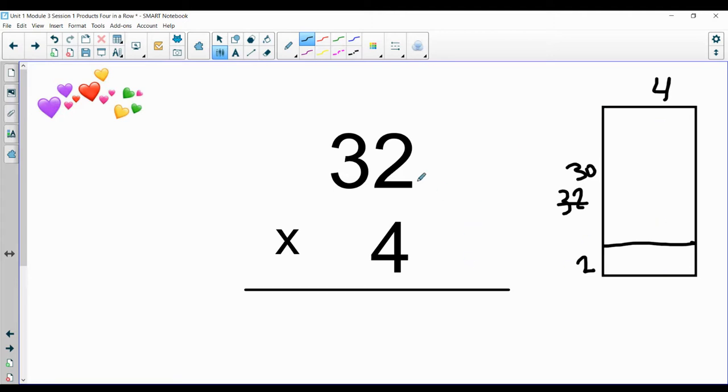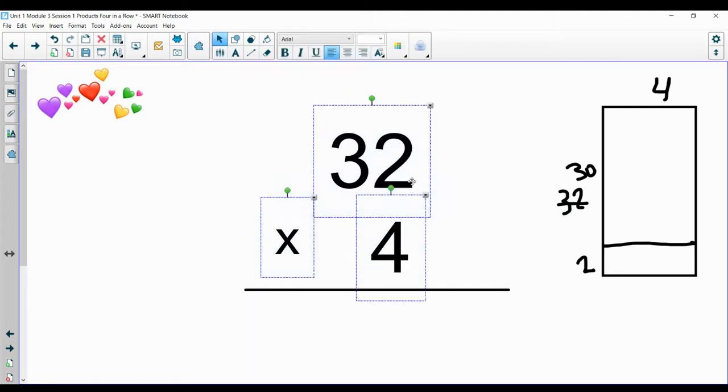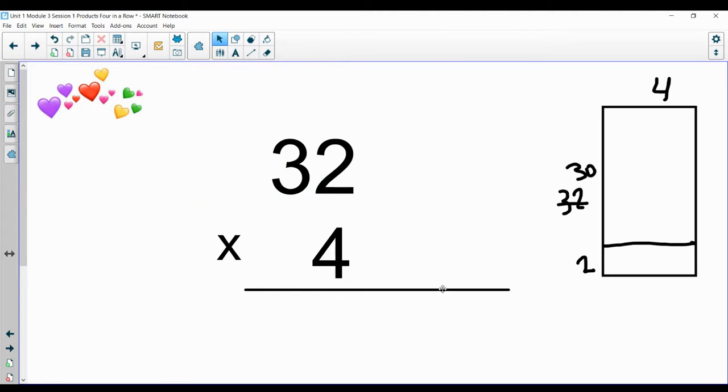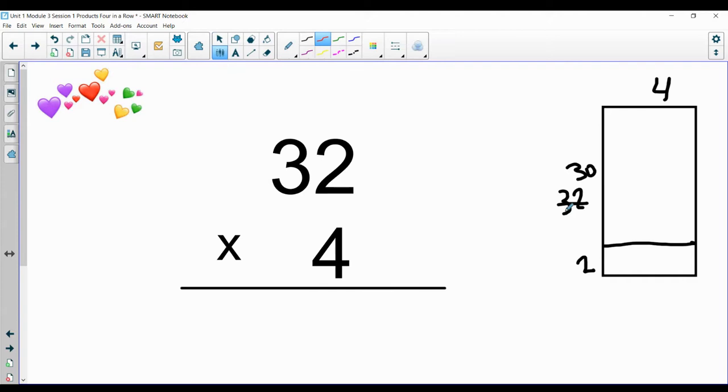Now, a trick that we talked about yesterday was the heart method. It's the same thing as a partial product, exactly the same thing. But what you do, and I'm just going to move this over a little bit, is you break apart the 32 just like you did here into 30 and 2.